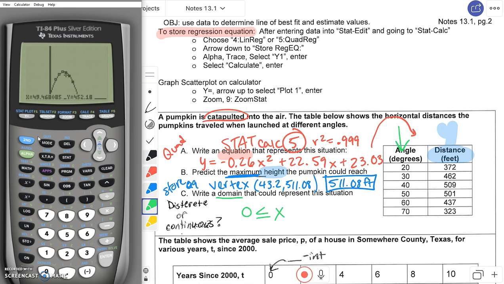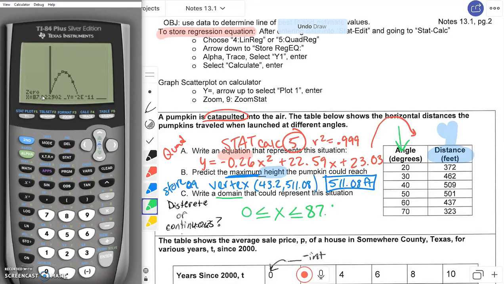Okay, we should be able to find it. Second, trace, 0. I want to make sure I'm to the left. Yep, somewhere to the left. Keep on going, even though it's off screen. Now I know that I'm somewhere to the right. Enter, enter one more time. There it is. So then I have my x values at 87.4.